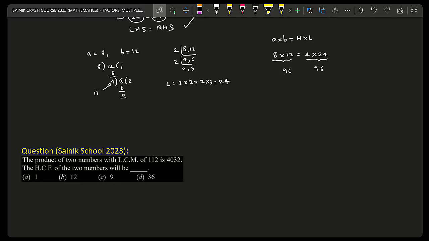Out of 33 students, only 2 are raising hand. Is it that difficult? The product of the numbers is given, the LCM is given, and we want to find the HCF. We discussed four properties. Which property is useful to solve this question? You can check and get the answer easily.